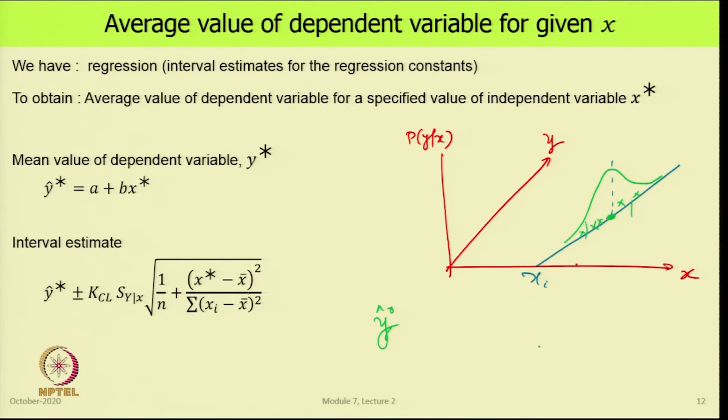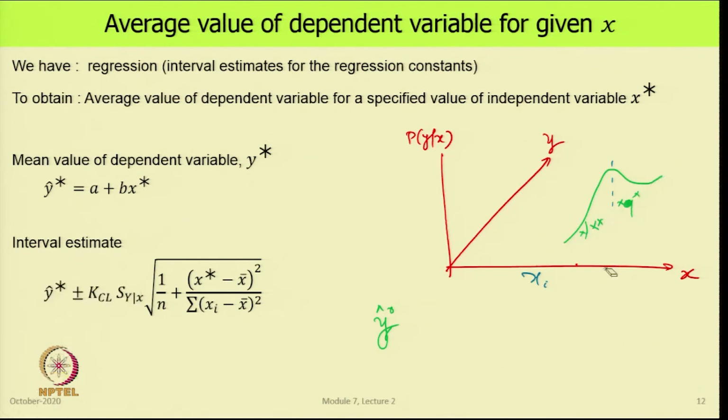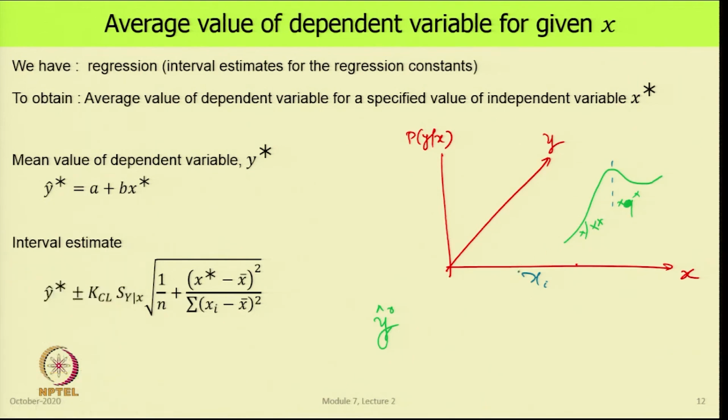Now, what we are asking is that we made our measurement there, our population we did not have with us. So, this was not there. We had this point which came out to be our xi that was used in making the regression, and now we are asking where does this mean value of y lie.